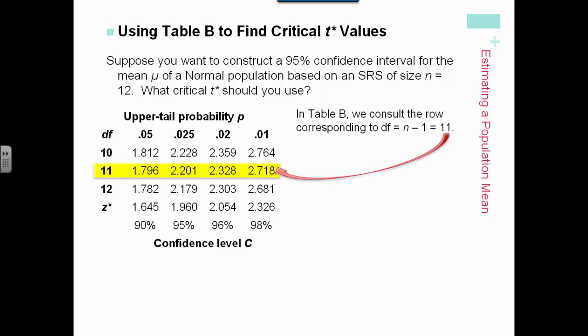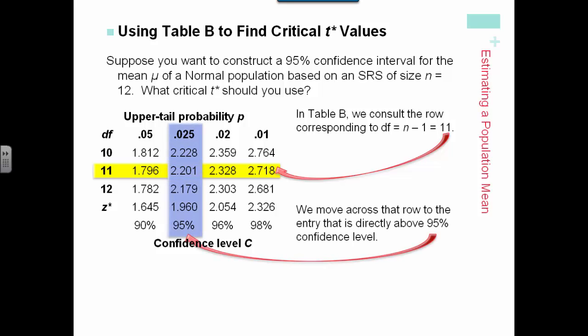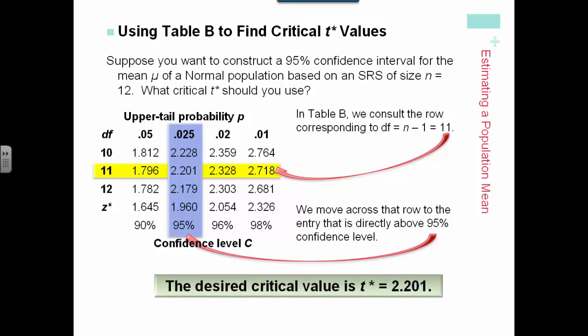In table B, we consult the row corresponding to degrees of freedom equals n minus 1, which equals 11. We move across to the entry that is directly above the 95% confidence level. The desired critical t star is 2.201.